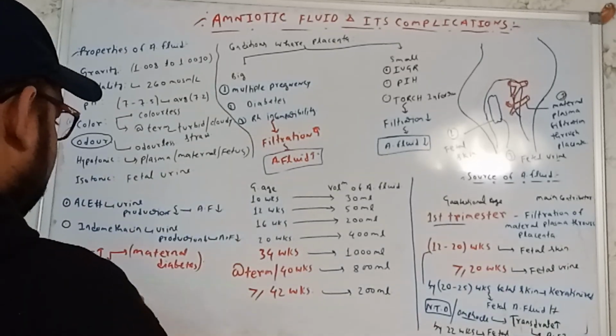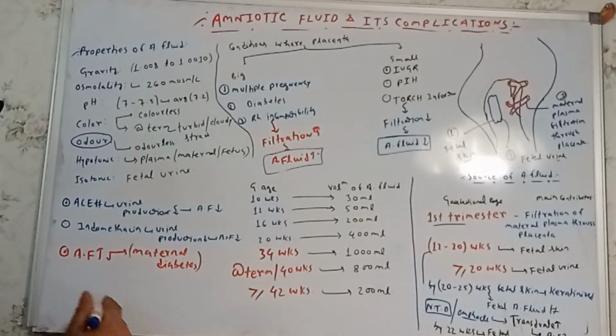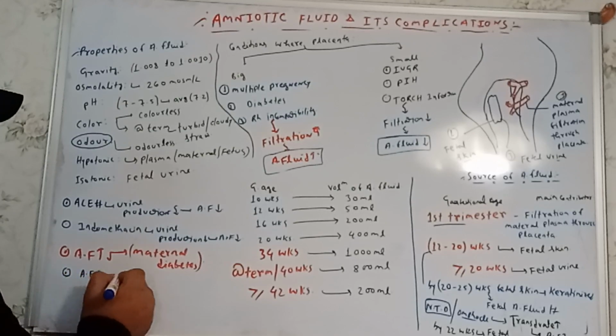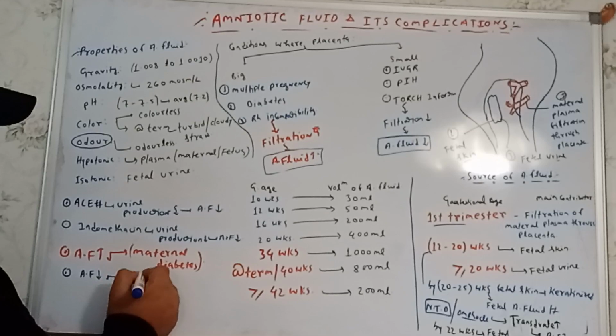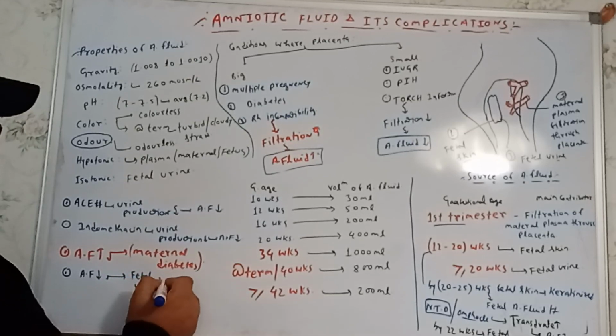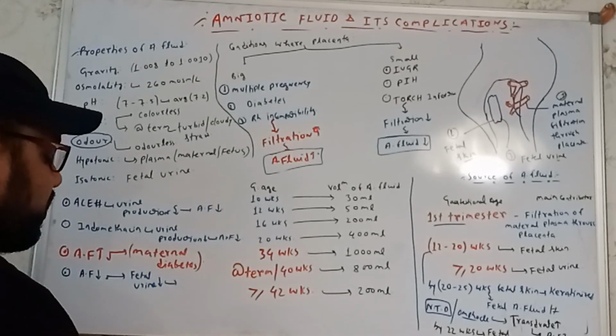And another important thing, if we see reduced fetal urine production, that's also very important. The amniotic fluid will be less. Whenever the fetal urine production is less, definitely the amniotic fluid will also be less. In which conditions will the fetal urine produced be less?